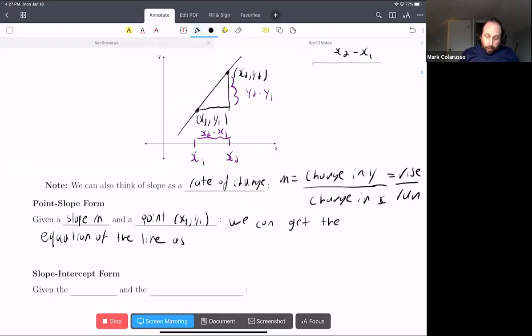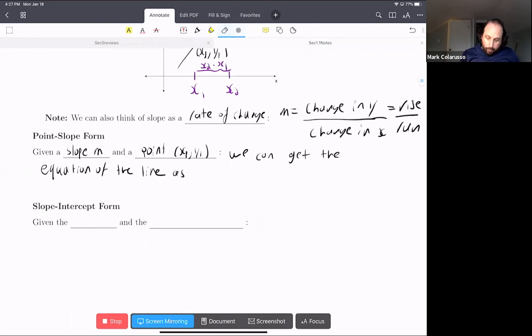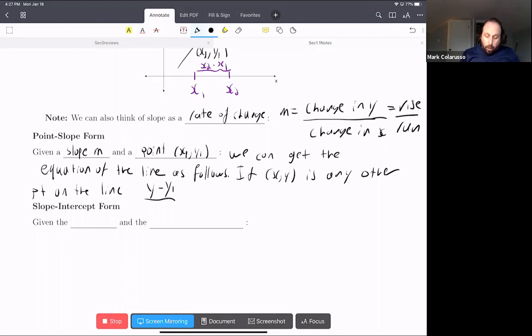So as follows. If x, y is any other point on the line, then by the definition of slope, y minus y1 over x minus x1 has to be equal to the slope m. And so y minus y1 equals m times x minus x1. And that's the point slope form of the line.